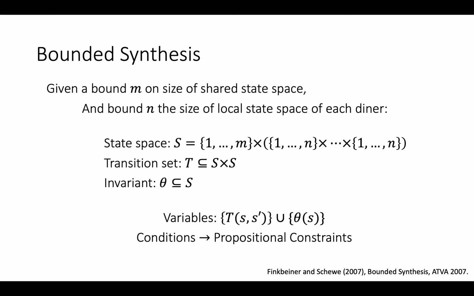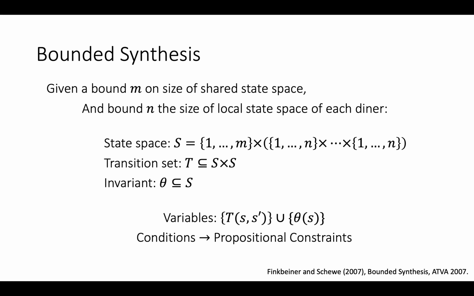As the state space is bounded, for each pair S and S prime, we consider a variable T S S prime representing there is a transition from S to S prime, and a variable theta S representing that S is in theta. Then as before, we convert the proof conditions into a propositional constraint and use a SAT solver.